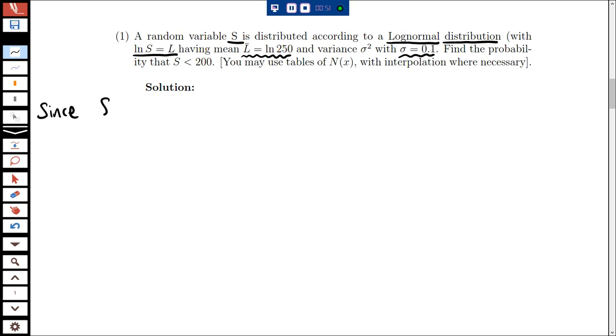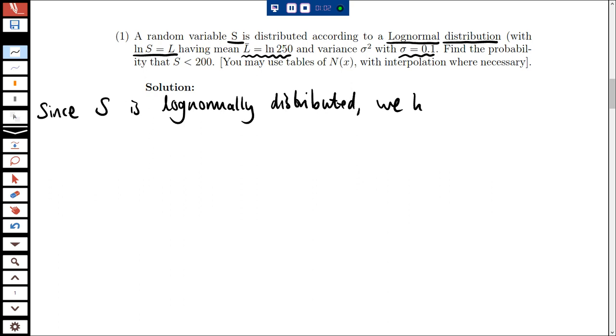Okay, so since S is log normally distributed, there's a few things we can say. The first one is that the random variable L, which is just log of the random variable S, follows this normal distribution with these parameters as stated in the question.